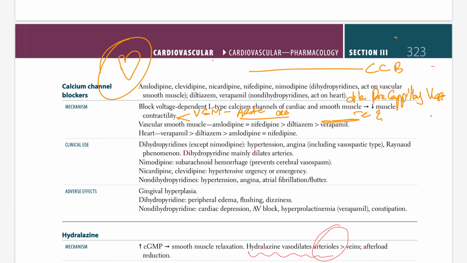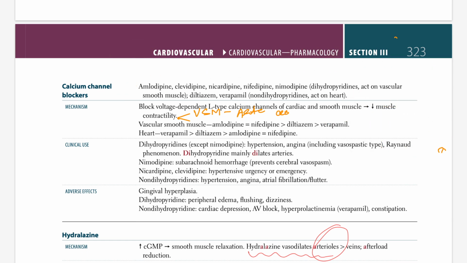Because when you dilate the precapillary vessels, it's going to cause an increase in hydrostatic pressure, but you don't have to memorize that. Just remember, because the precapillary vasodilation occurs, it's going to cause edema, peripheral edema. This is what you need to remember. Peripheral edema.